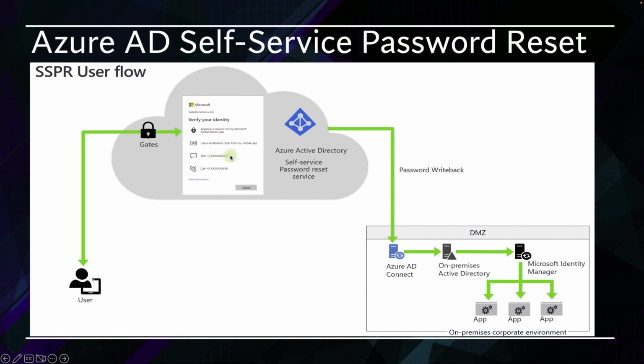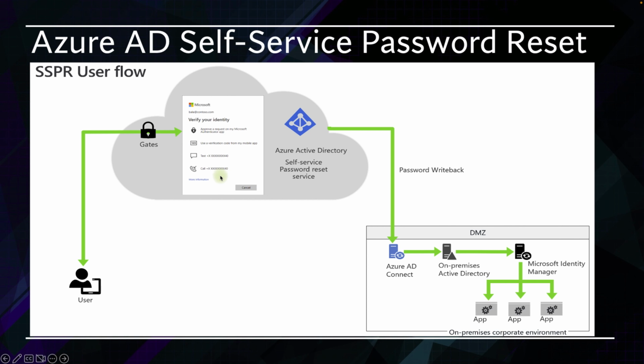Now, these are all the authentication methods that your user has selected when they registered for this service. Or as an administrator, you can select what sort of methods users can use. We'll talk more about that when we implement SSPR. But the user logs in, they want to reset their password, and they're asked to verify their identity.